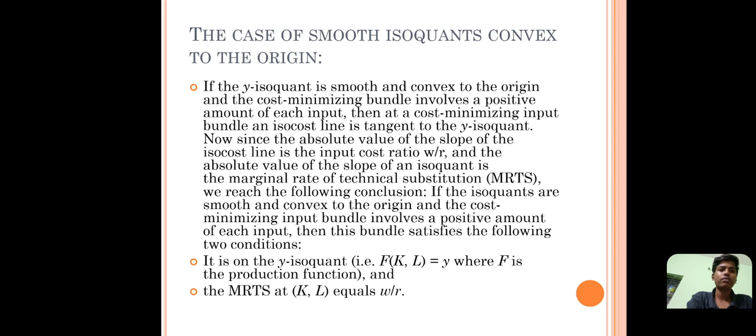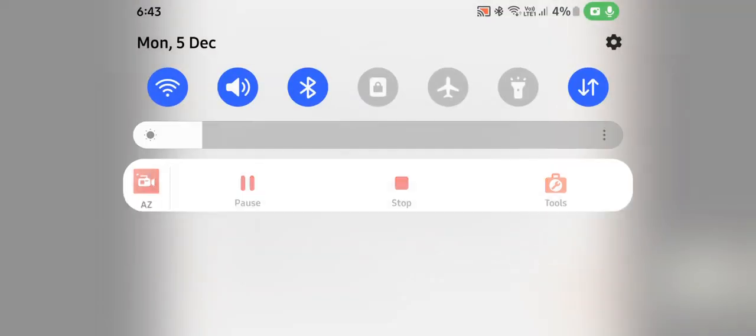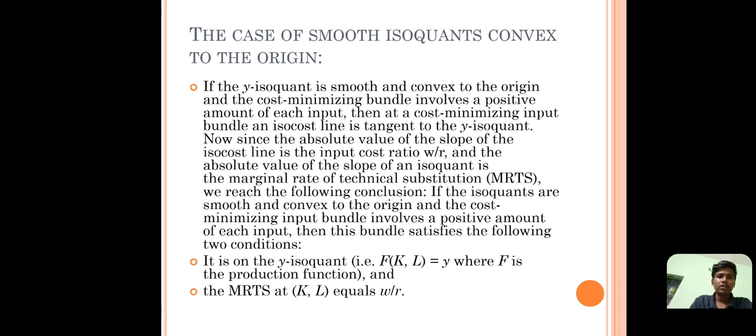Now, the absolute value of the slope of isocost line is the input cost ratio W by R, and the absolute value of the slope of an isoquant is the marginal rate of technical substitution, MRTS.